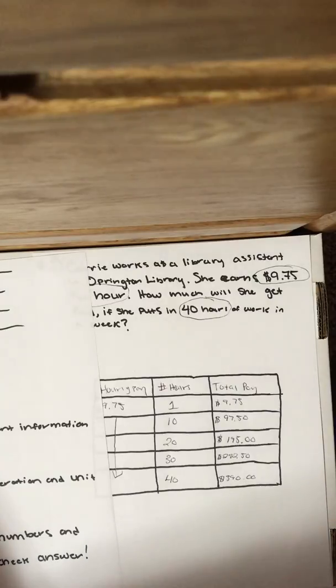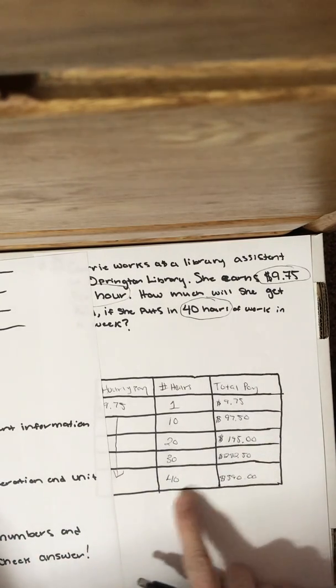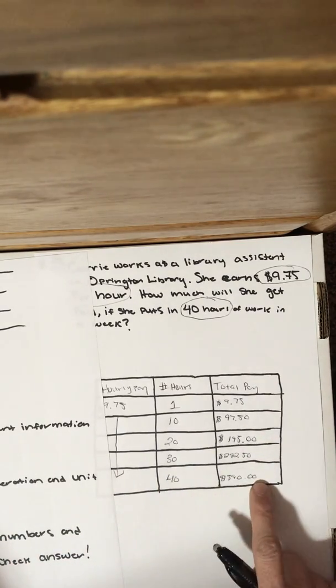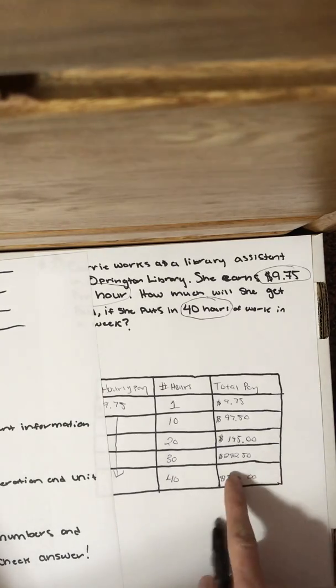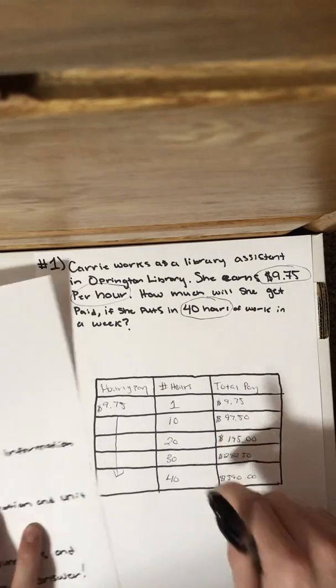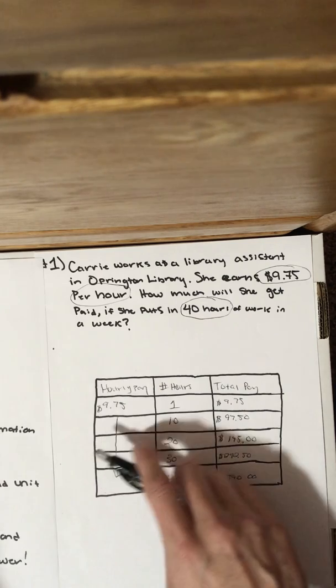Let's plug it in. So 40 times 9.75 gets you $390, which is what we have down here in our 40-hour work week column. So now we know our answer is correct, and we just have to go back and answer it completely.